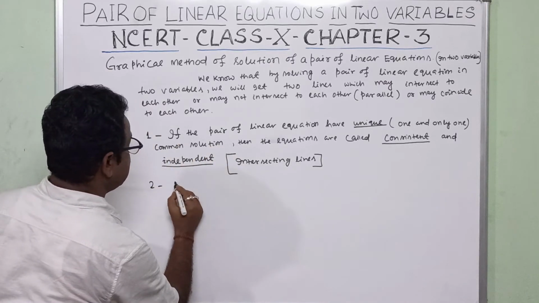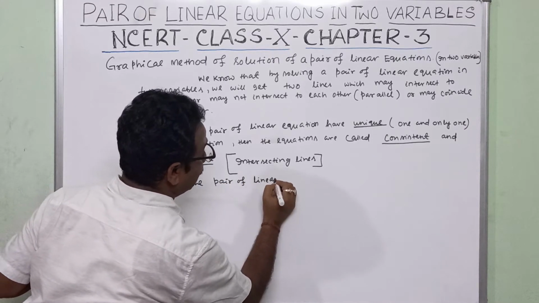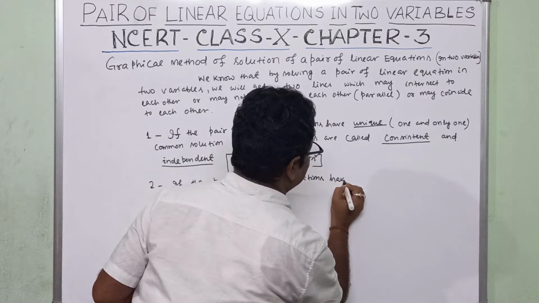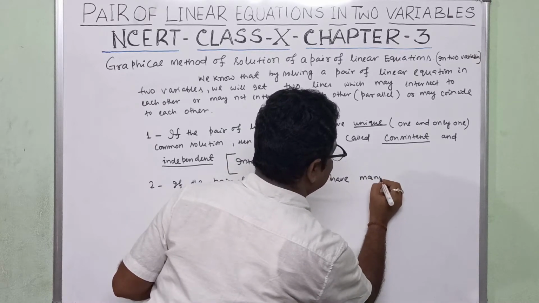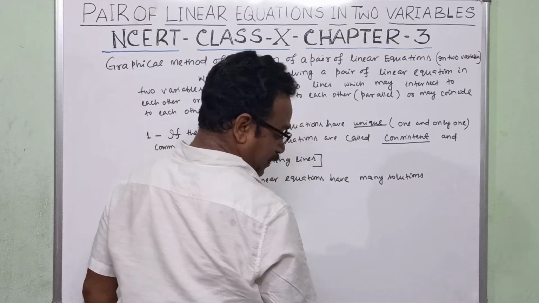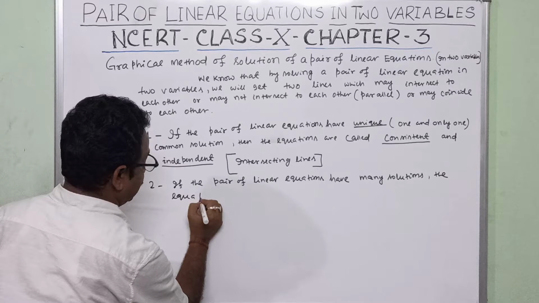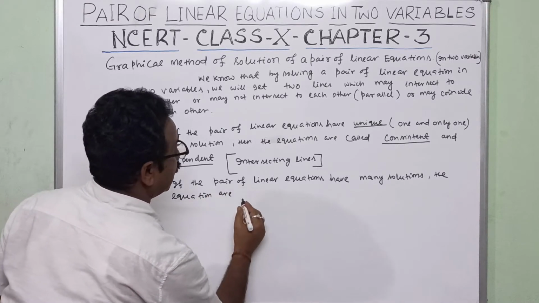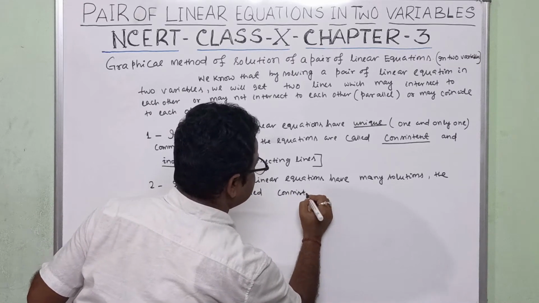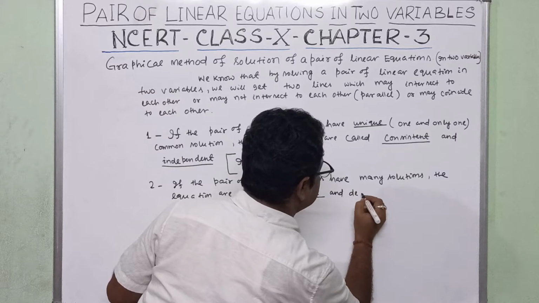Now 2. If the pair of linear equations have many solutions, then the equations are called consistent and dependent.